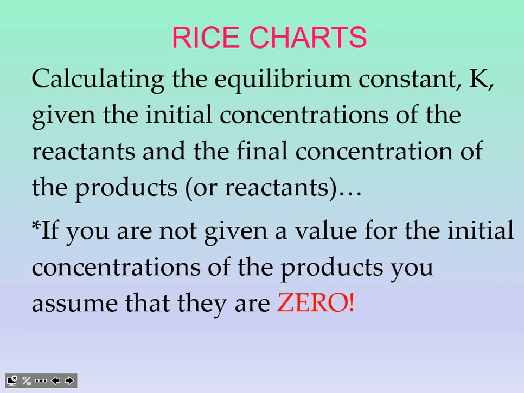So, RICE tables, if you're calculating an equilibrium constant, that means they have to give you some initials and at least one equilibrium one, because you have to be able to figure out the change. Also, if you're not given any initial concentrations of the products, you assume that they are 0, so that it would go towards the products to get to equilibrium.